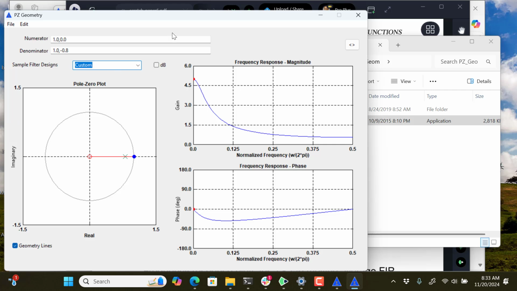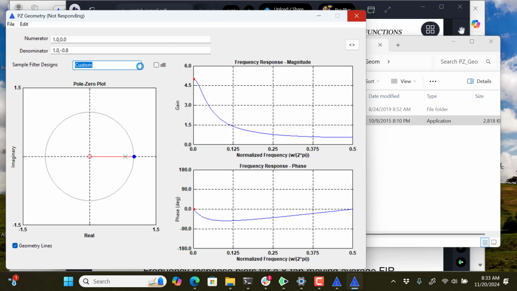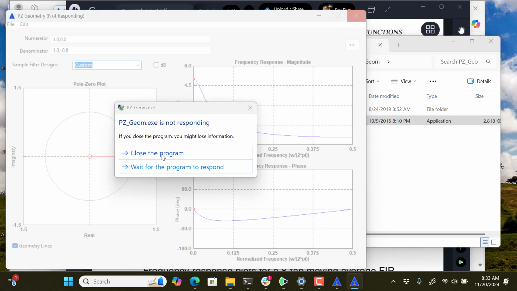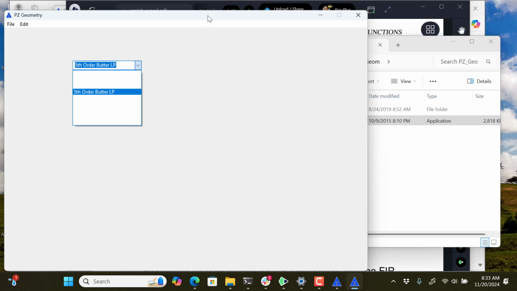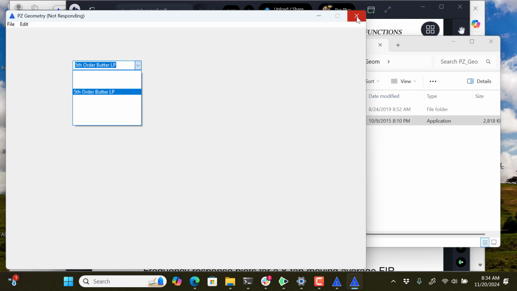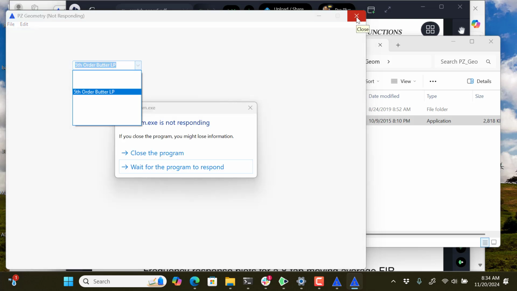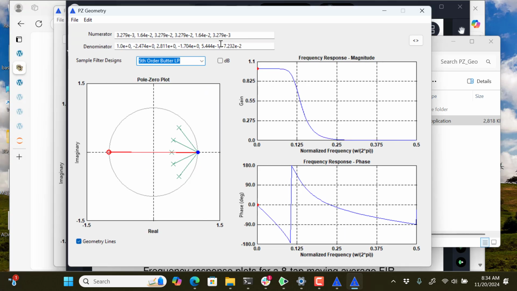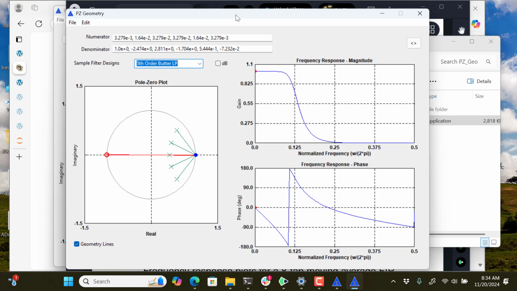Problem seems to be in this pull down, where it doesn't want to select it unless I'm very careful with my mouse. And maybe I'll have to back out on this whole thing. I can rebuild this too. I haven't rebuilt it for quite a long time, and I'm running on Windows 11, so I definitely didn't build it to run on Windows 11 with the tool. Okay, there we go. It woke back up again.